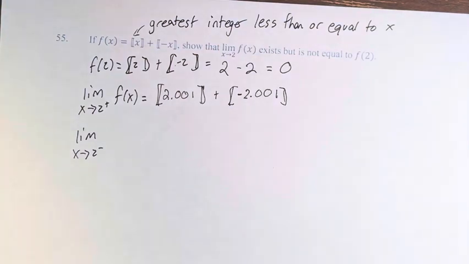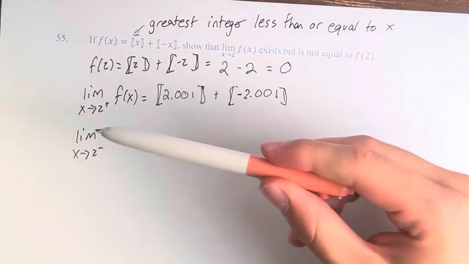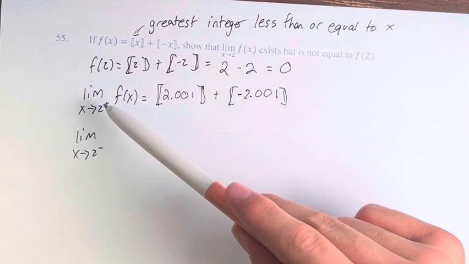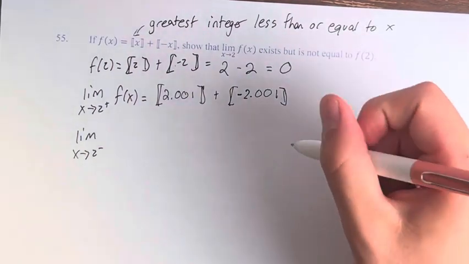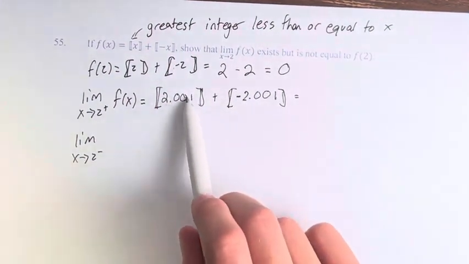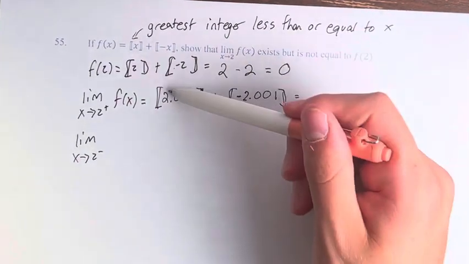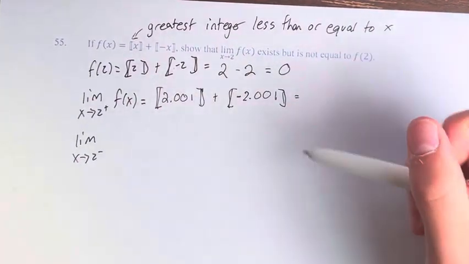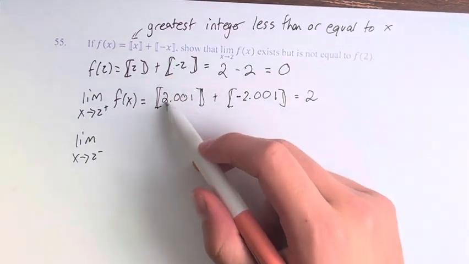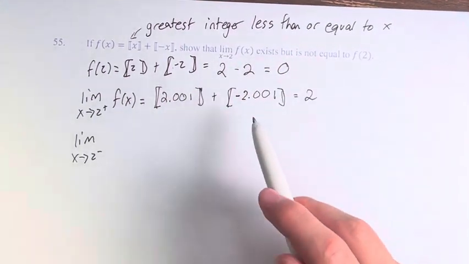So this is values that are very slightly greater than 2. And it doesn't matter that we're picking 2.001, you just have to pick a number that's very, very close. The greatest integer that is less than or equal to this number is 2. It's only very slightly less, but it's less than this number.